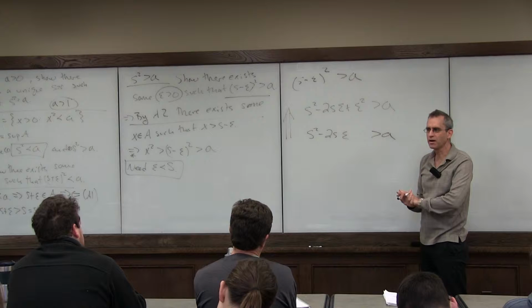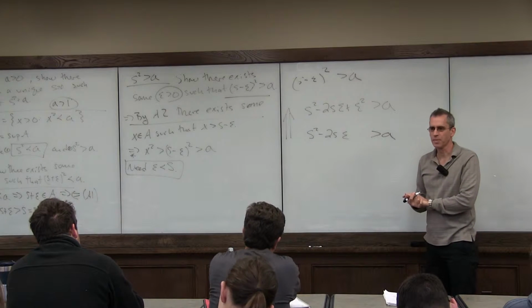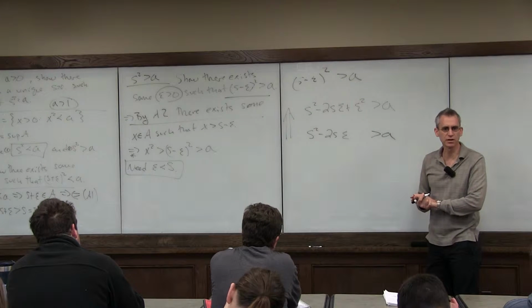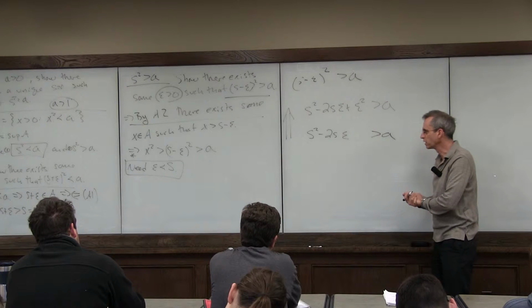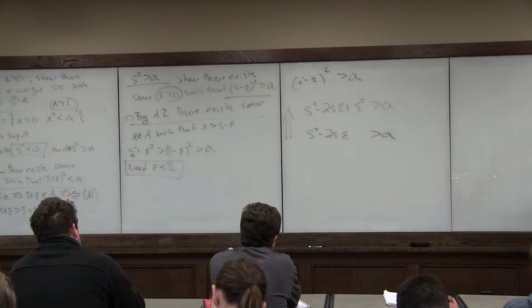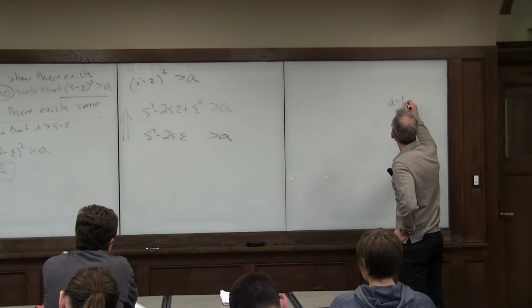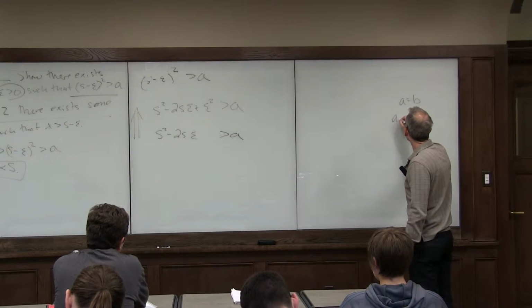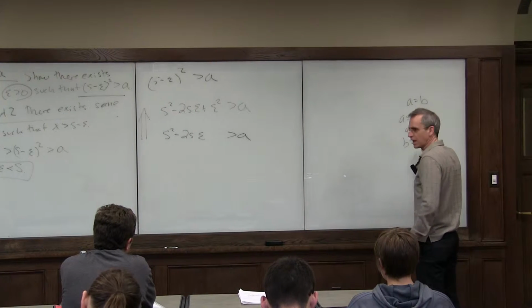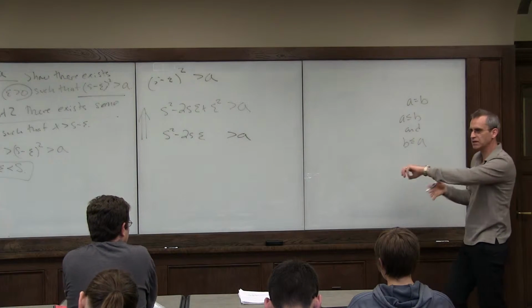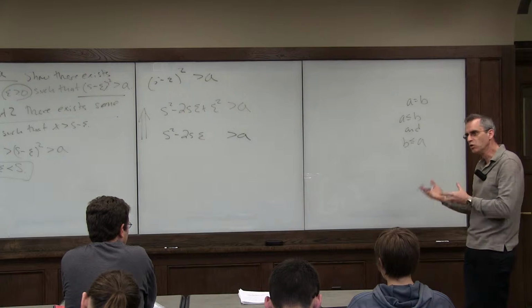And that's where inequalities are often easier to deal with than equalities. And that's why very often when you're trying to prove things in analysis, instead of trying to prove A equal B, you will try to prove A less than or equal to B and B less than or equal to A. Because inequalities often give you some maneuverability.